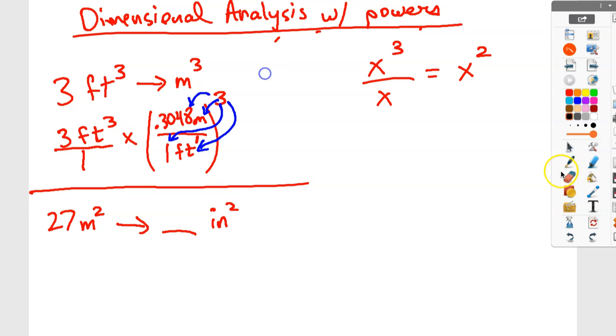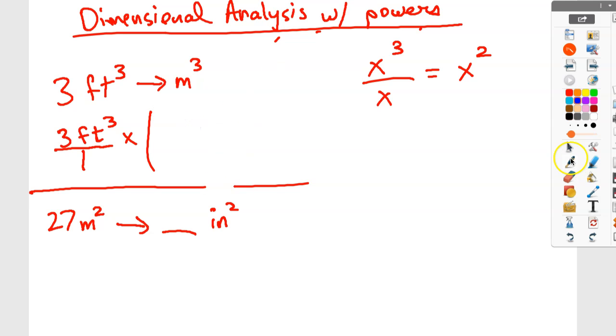So another way to write this is 0.3048 cubed meters cubed over 1 cubed feet cubed. You don't need to rewrite this every time you do a problem. I'm just trying to show you explicitly that the cubed that was out here goes to everything.